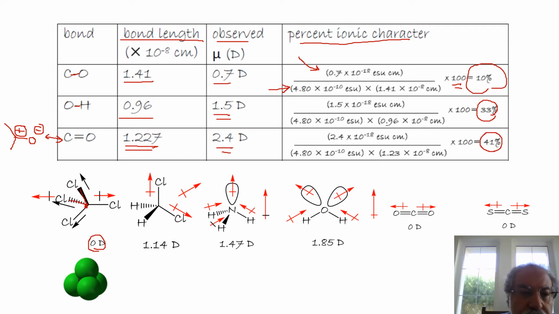Because each of these chlorine atoms has a dipole in these directions, equal to one of them but in the negative direction, let's say X. And here the carbon-Cl bond has a dipole moment of equal value in the other direction, so they eliminate each other.